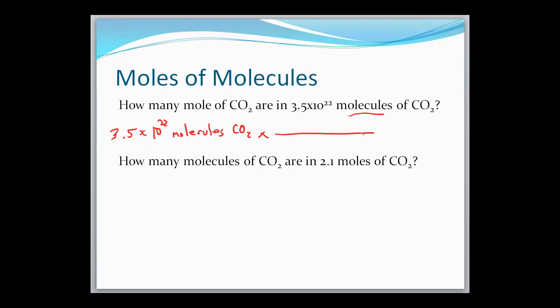Now we want to convert that to moles. So what we want is molecules in the denominator of CO2, and we're converting that to moles of CO2. So 1 mole contains 6.02 times 10 to the 23rd molecules of CO2. Remember, it's 6.02 times 10 to the 23rd, whatever you're talking about.